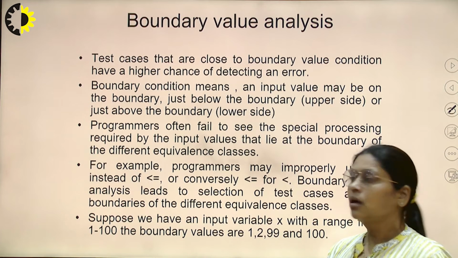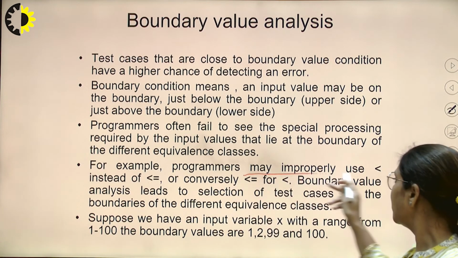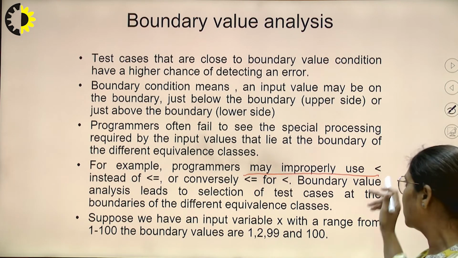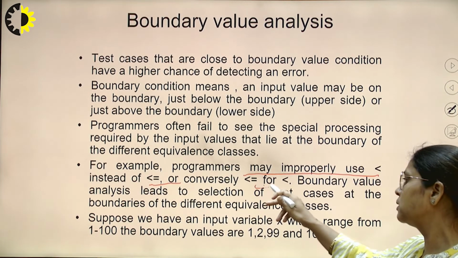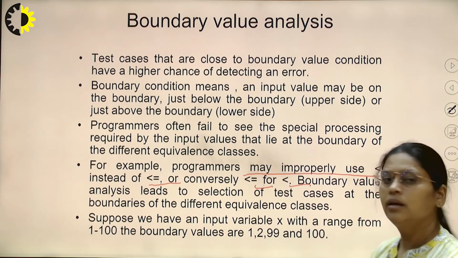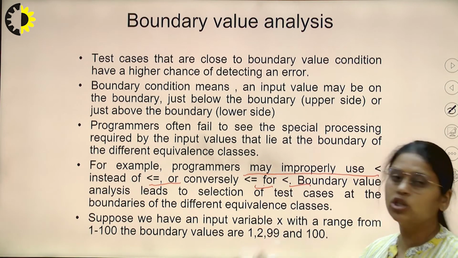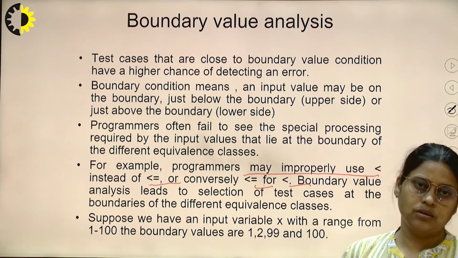For example, a programmer may use improper operators, such as greater than instead of greater than or equal to, or conversely, greater than or equal to for greater than. It means that when we have to put some input, there is more chance of error at these boundaries, less than or less than or equal to.